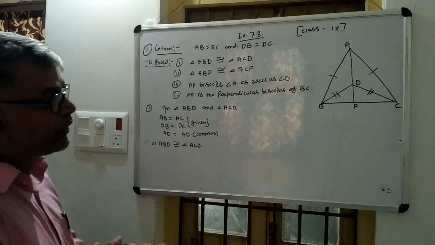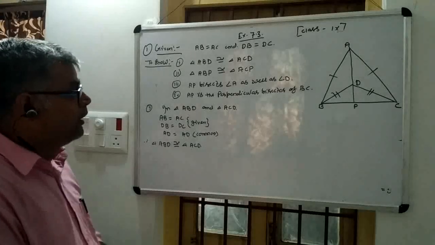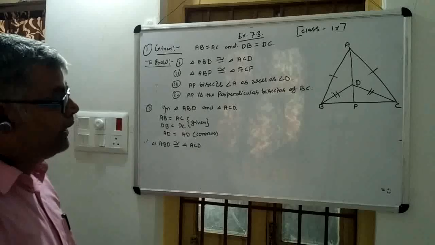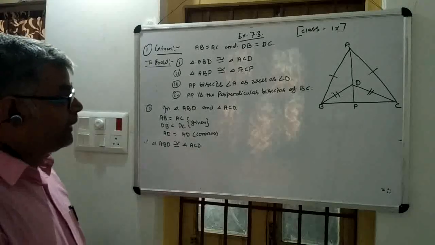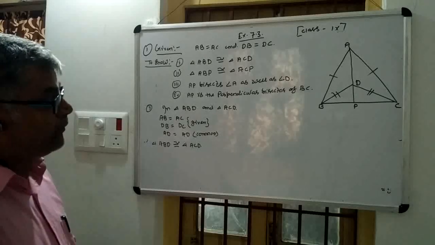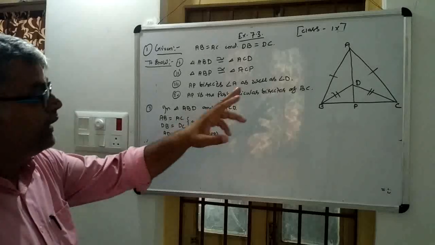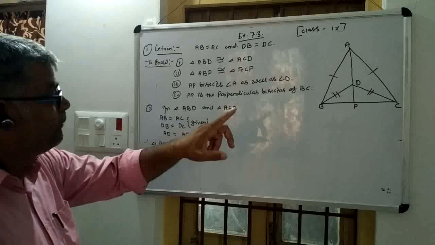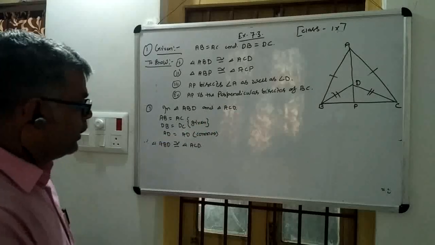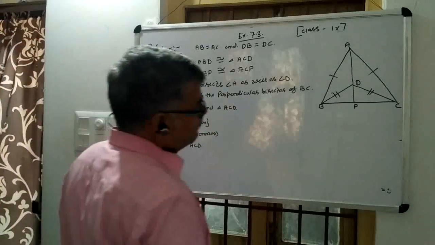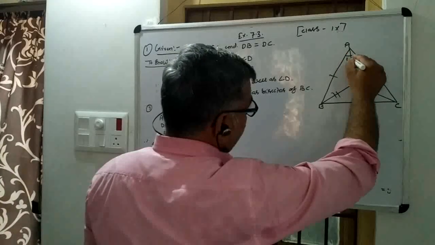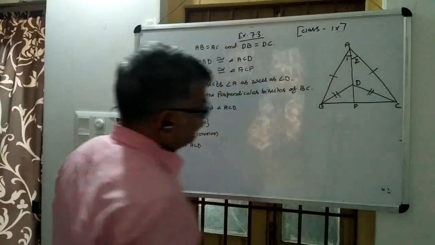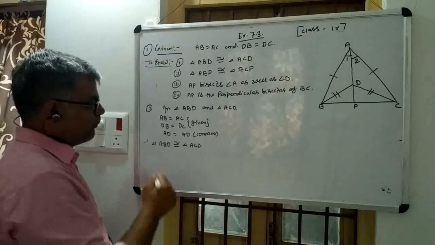Now when these two triangles become congruent, next we have to prove ABP congruent to ACP. So when these two triangles become congruent, you may write that this angle 1 is equal to angle 2 from the figure.